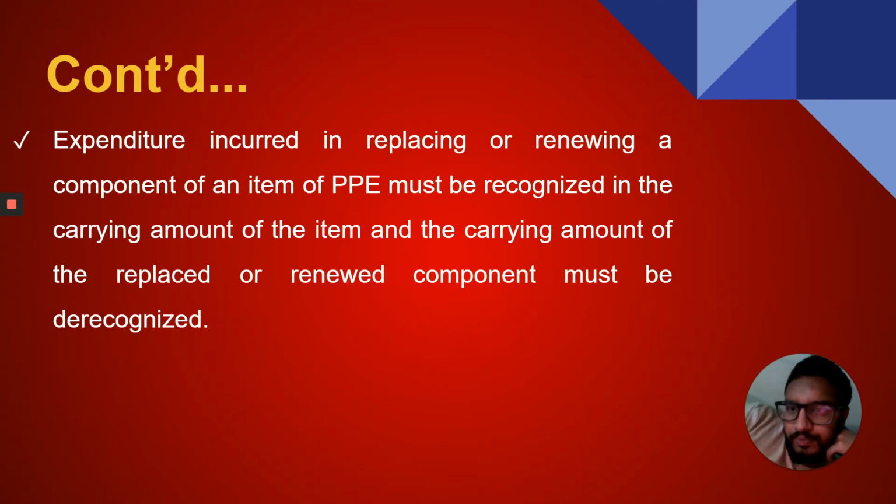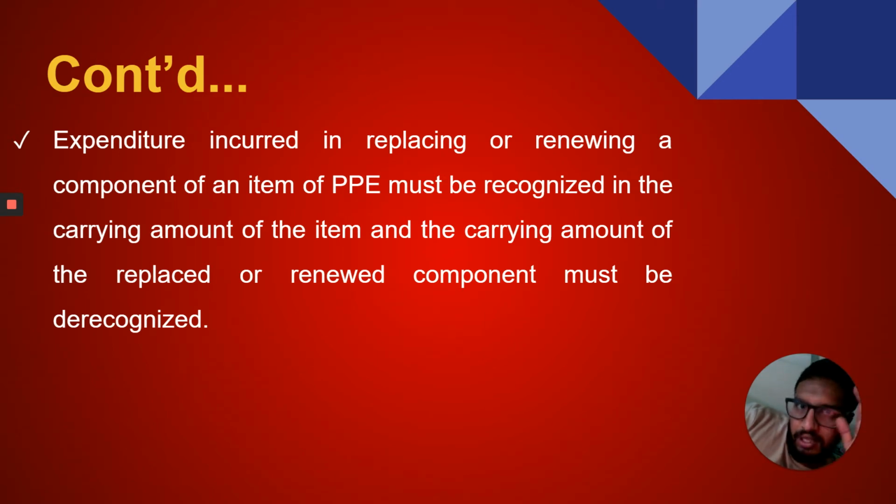Similarly, expenditure incurred in replacing or renewing a component of an item of PPE must be recognized in the carrying amount of the item, and the carrying amount of the replaced or renewed item must be derecognized. Okay, so all it means is that on a normal condition, if you have already made a separate component, you will be depreciating it.